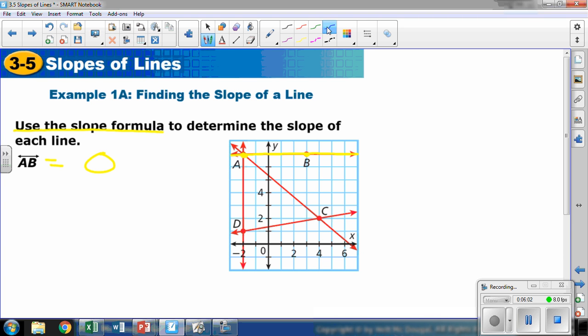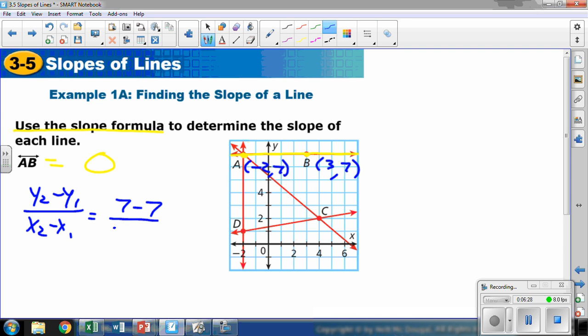But for the purposes of practicing, I do want to make sure that we can look at the coordinates of the points and identify that point B is located at 3, 7. A is located at -2, 7. And so when we actually put in the slope formula that you said, we have 7 minus 7, 3 subtract -2. And you see why we did the warm-up problems that we did? The slope: 7 minus 7 is 0, 3 subtract -2 is 5, and we get our answer of 0 as well.